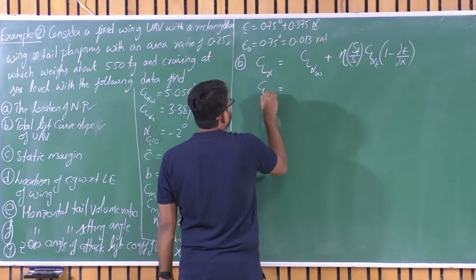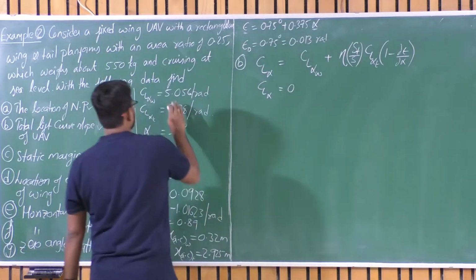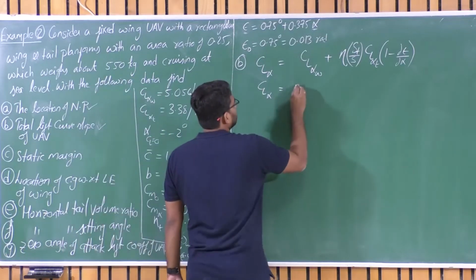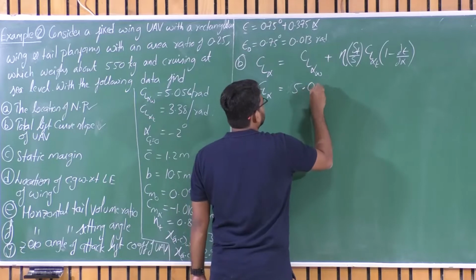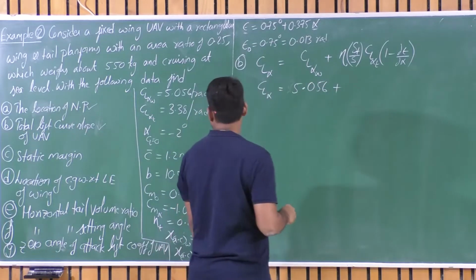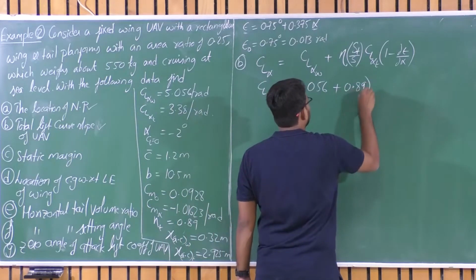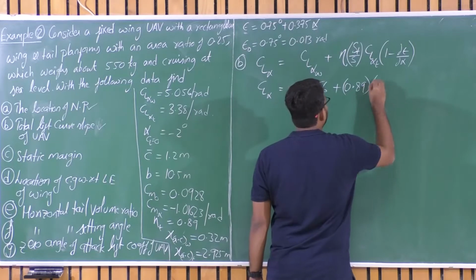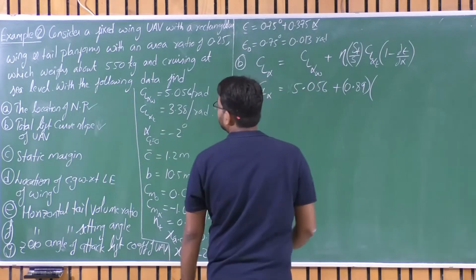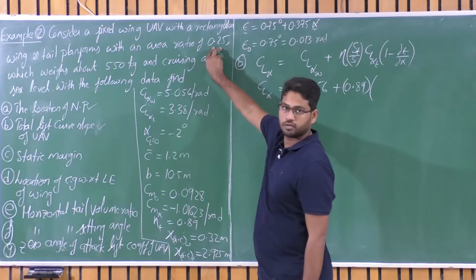The CL alpha of the total aircraft is CL alpha of wing, which is given as 5.056, we can say 5.06, plus eta t, which is 0.89, 89%, and St upon S is given by 0.25.